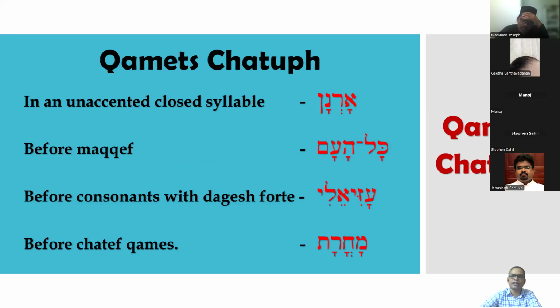But in or, you don't see any sign, and it is a closed syllable. Why is it a closed syllable? Because it is kamats hatuf, and kamats hatuf is a small, short vowel. So you don't see any munah, you don't see any metek. That is why I said it is an unaccented closed syllable. You don't see any accent sign there. That is the point.